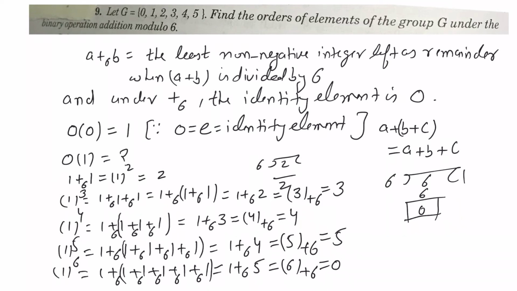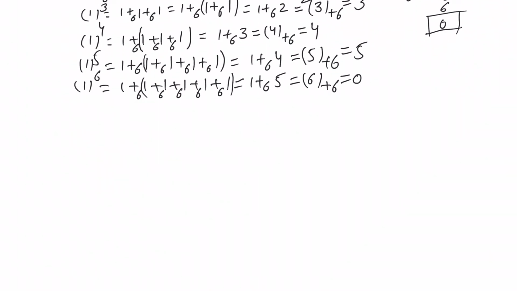Therefore we have obtained that the order of 1 is equal to 6, because 0 is equal to the identity. This implies that 1 raised to the power 6 is equal to 0, the identity, and 6 is the least positive integer which as a power gives the identity, because when we raise to the power 5 we get 5, for 4 we get 4, and for 3 we get 3.